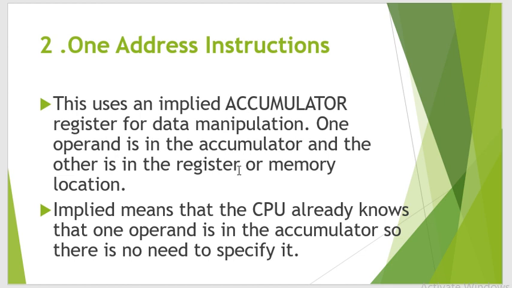One operand is in the accumulator and the other is in a register or memory location. Implied means that the CPU already knows that one operand is in the accumulator, so there is no need to specify it.